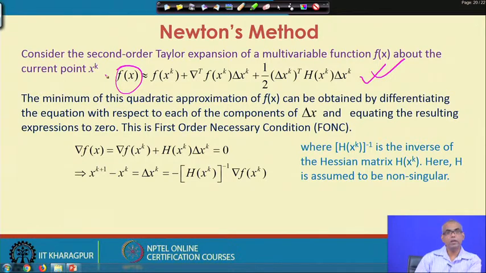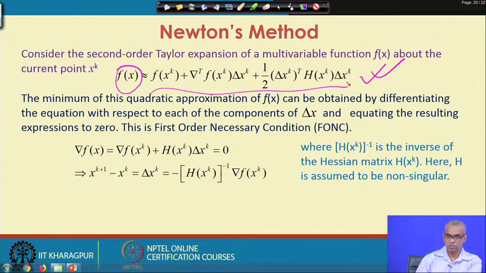Now, I want to find the minimum of this quadratic function, which is an approximation of the original function f x. So, I make use of the first order necessary condition. I take the gradient and set that equal to 0.